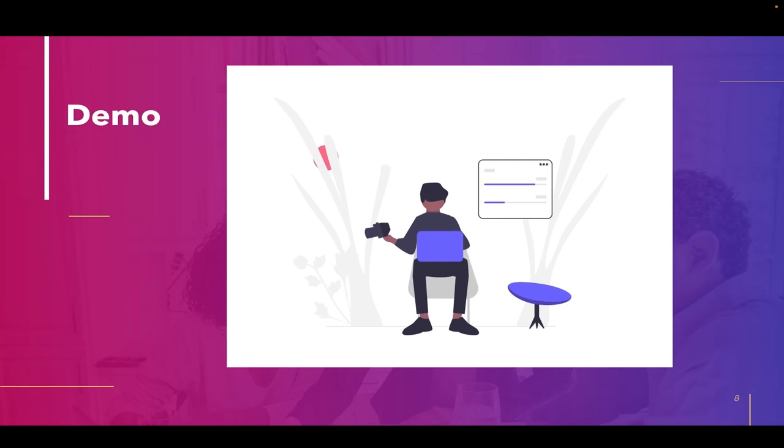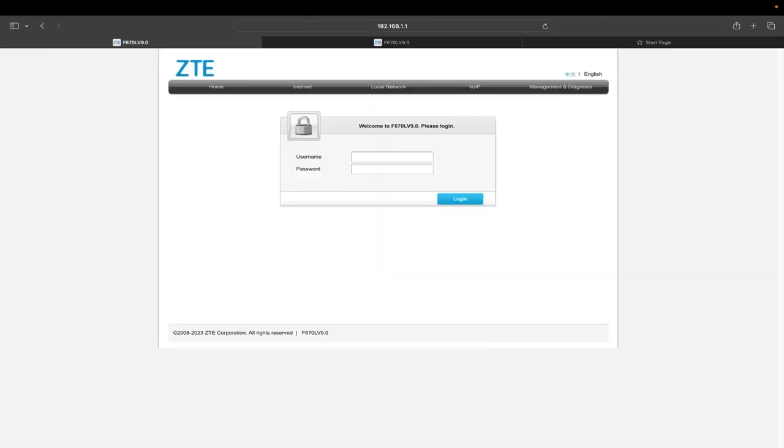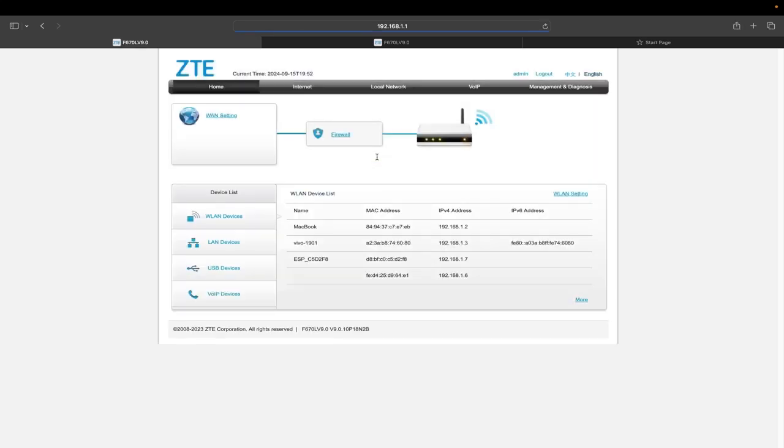And let's see the demo. First, access the 192.168.1.1 router's page. Here we have a list of devices connected to the network.